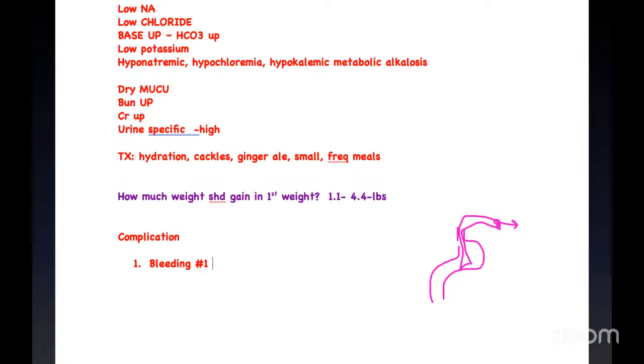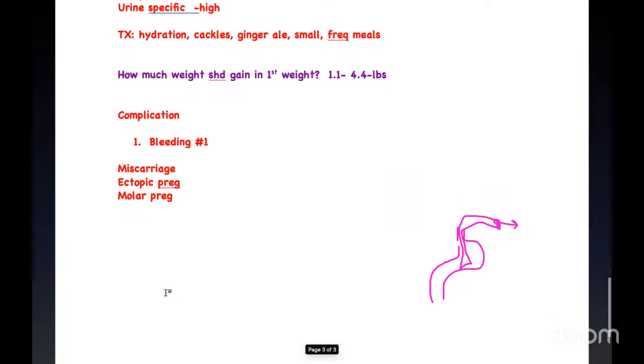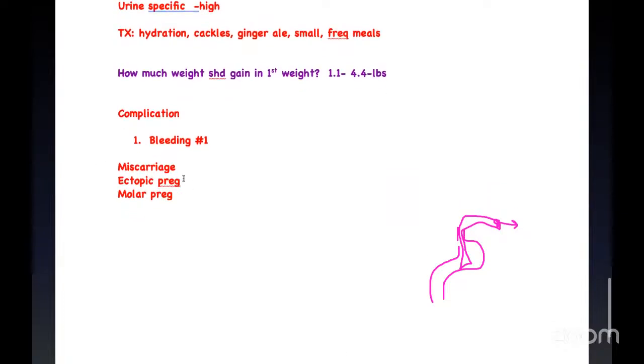First trimester bleeding. There are a few things that cause first trimester bleeding. And that is what? Miscarriage, right? Ectopic pregnancy and molar pregnancy. This is a whole lecture, but these are first trimester bleeding.